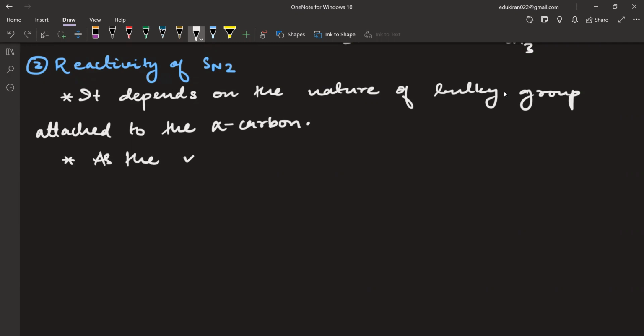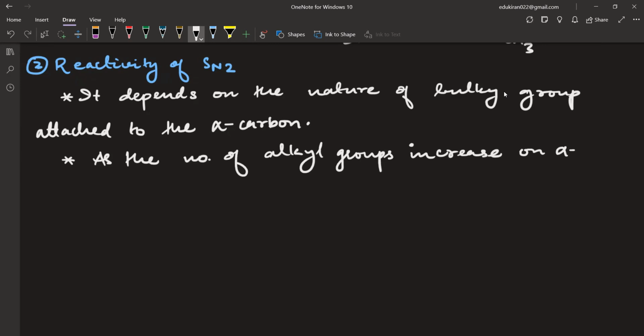As the number of alkyl groups increase on alpha carbon, it will hinder, I mean act as a barrier to, the incoming nucleophile.